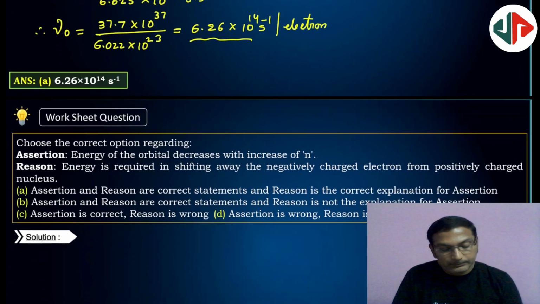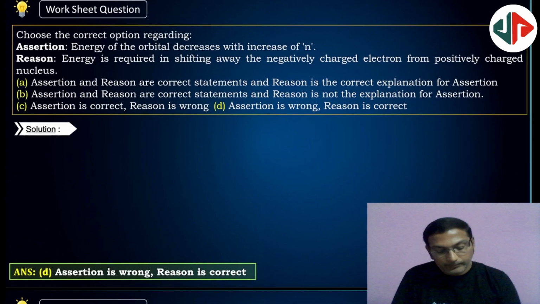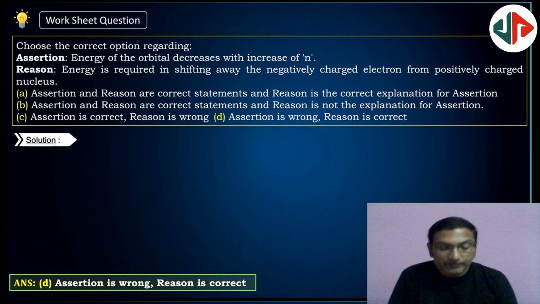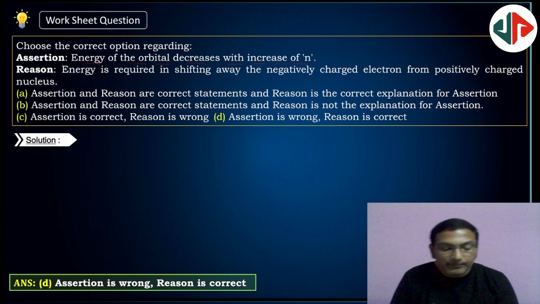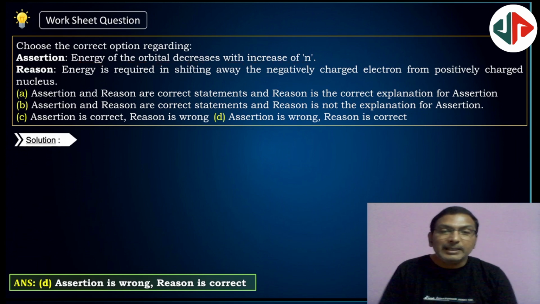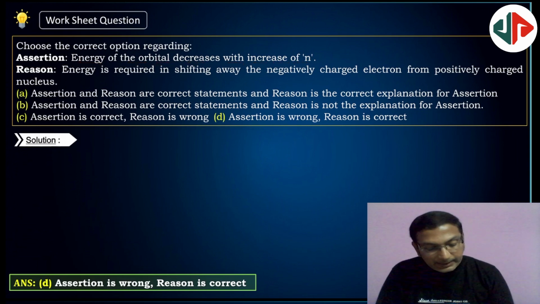Next one. Theoretical question. Assertion: energy of orbital decreases with increase of n. So the energy of any orbital can be calculated.